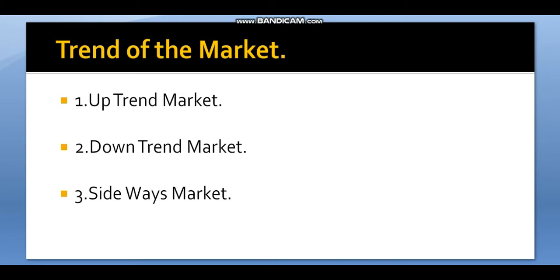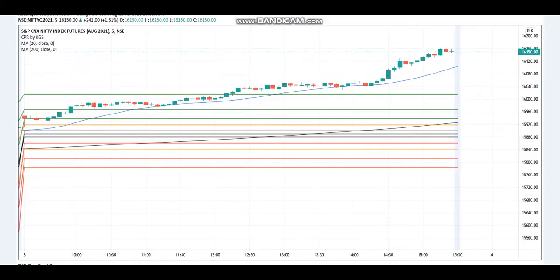So trend of the market, I will give you a different slide. Here you can see, this is a Nifty chart actually. For uptrend, this is a slide I have given as an example. So these are the places one can go for short.